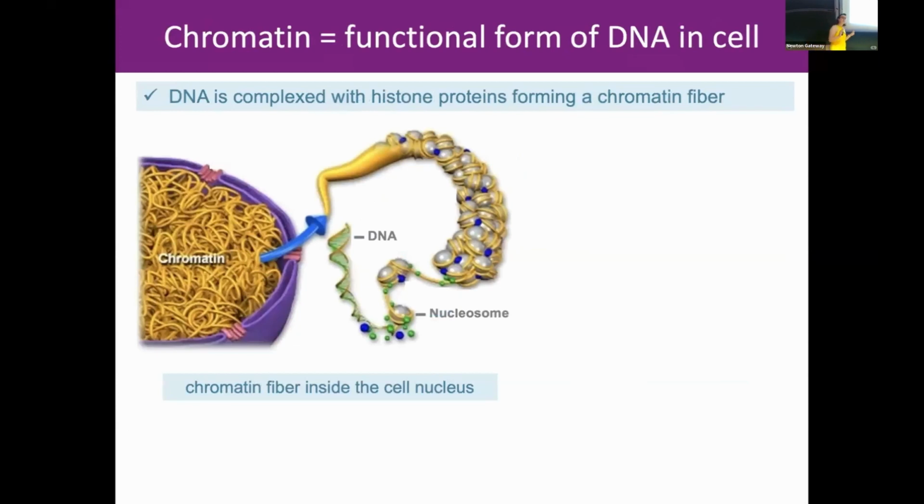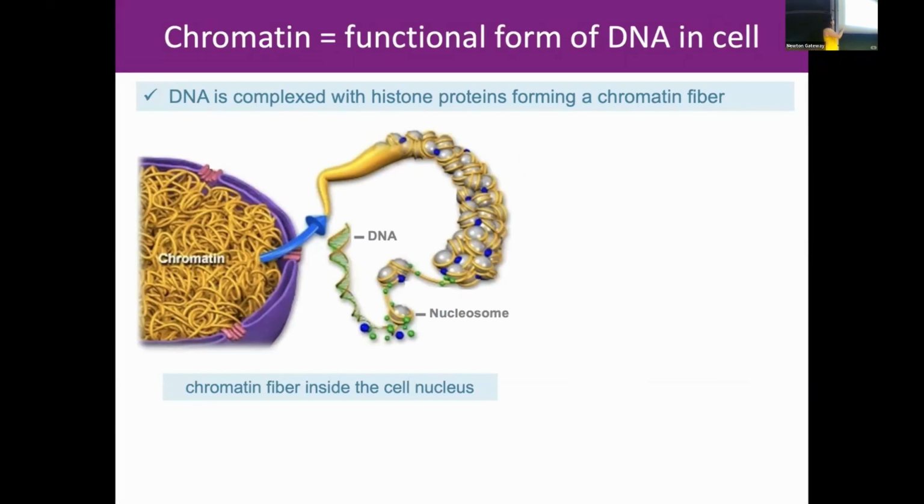So of course, the DNA is actually not naked inside the cell nucleus. However, it is complexed with proteins called histones. It forms these protein particles that we refer to as nucleosomes, but that is here unnecessary detail. What I want to draw your attention to is that we have the DNA wrapped around these protein particles forming these pearl chains. And these pearl chains, we refer to as chromatin fibers.